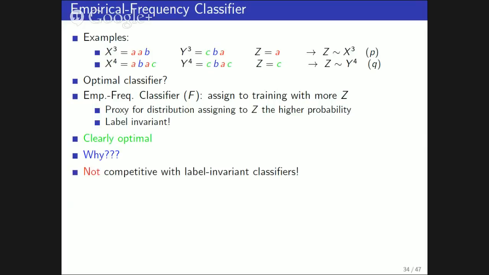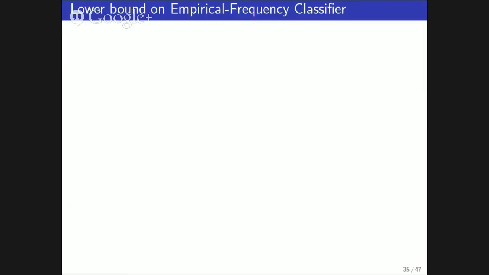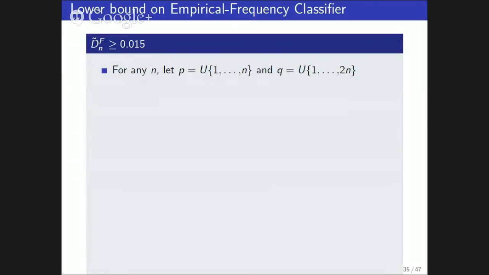What I want to show you is that it's actually not optimal. It's not competitive, definitely not with the omniscient one, but also not with label invariant classifiers. I want to show you a lower bound: the empirical frequency classifier has a degradation compared to the best label invariant classifier.